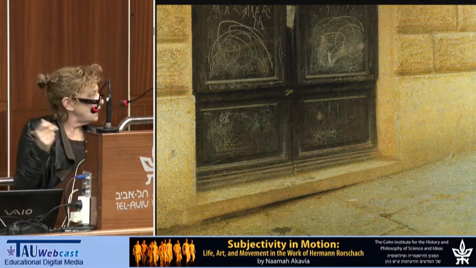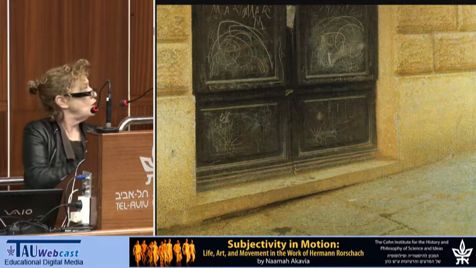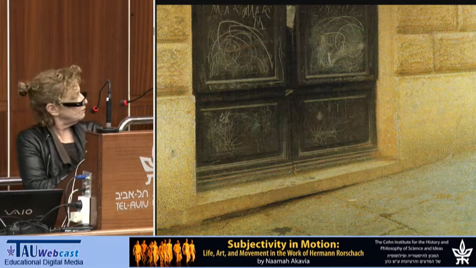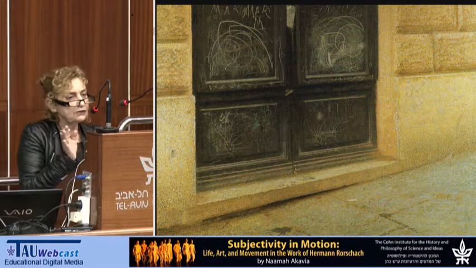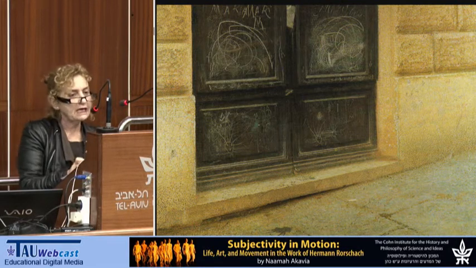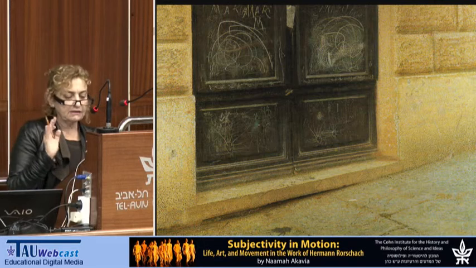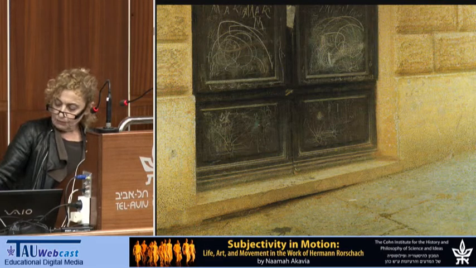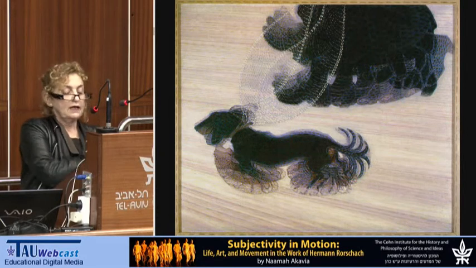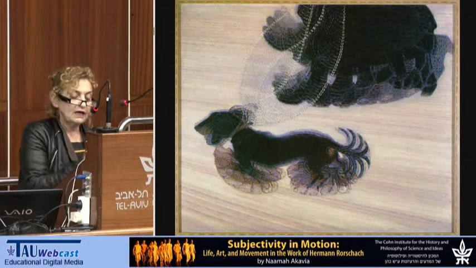But you see already how Balla really shifts the image into a completely different perspective, with this oblique image giving the idea of dynamism. But what is the relation with Rorschach?